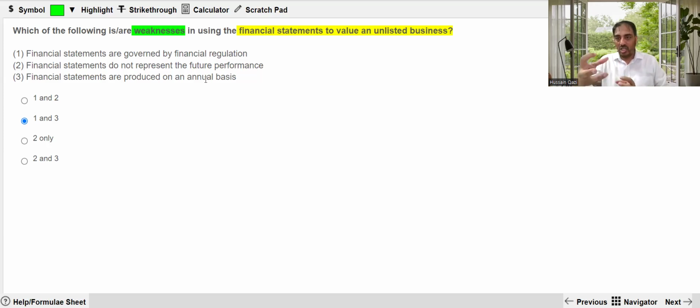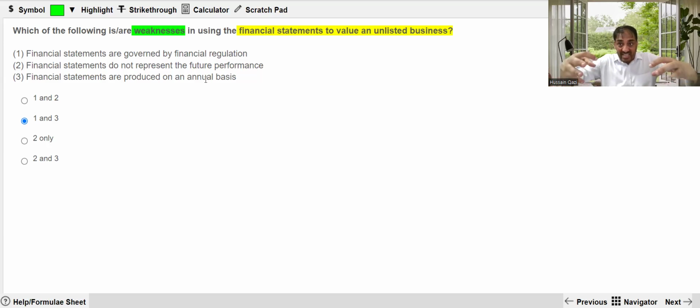For example, you and I want to take a decision about investing in shares of a company in mid-November 2023. But the accounts will be finalized by December 2023 and published by February 2024, for example. So should I wait for the next 4 months? No, I don't want to lose my money.